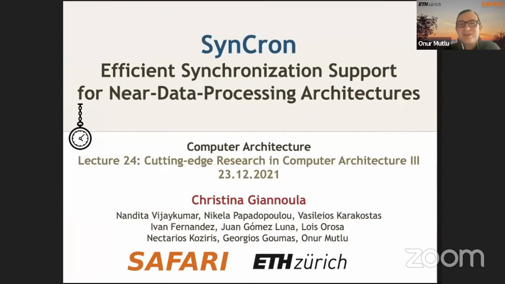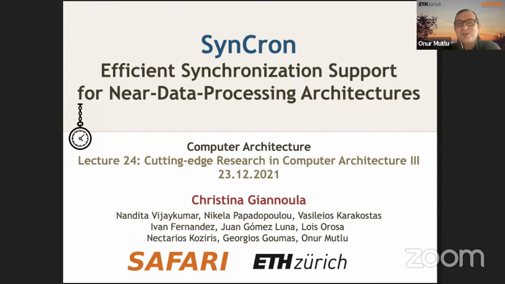Okay, so the second work we're going to discuss was led by Christina, and it's efficient synchronization support for processing in memory, specifically near data processing architectures. Christina is going to introduce a technique called SynCron and look at the design space for synchronization in processing in memory architectures. Christina was a visiting PhD student at Safari, and she still continues to work with us.